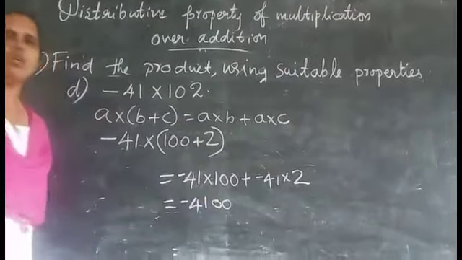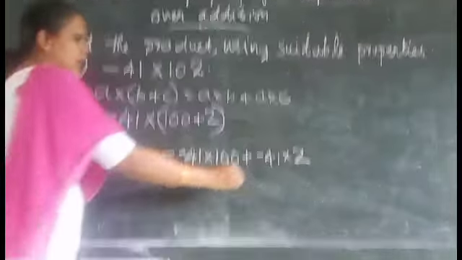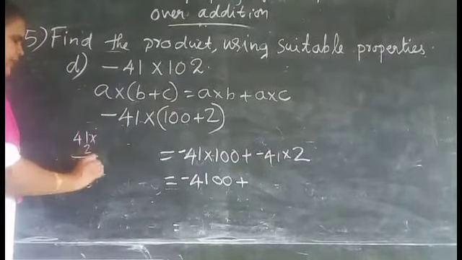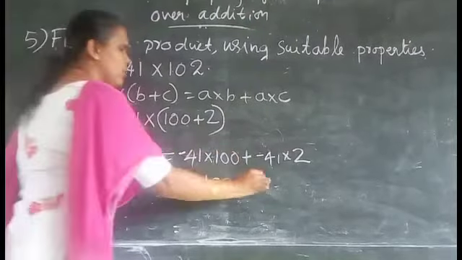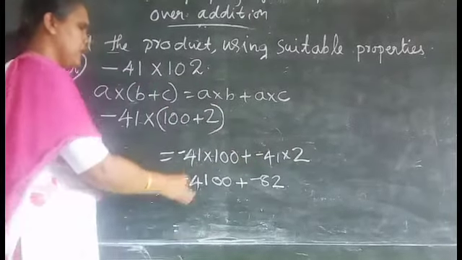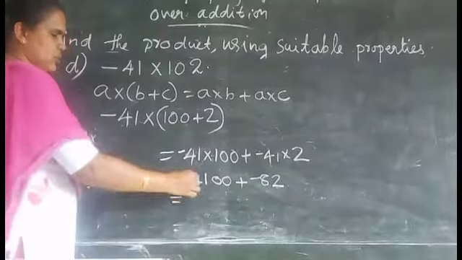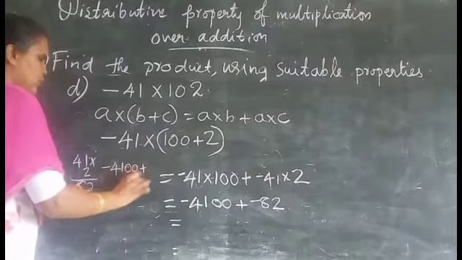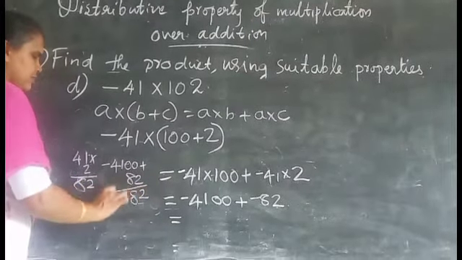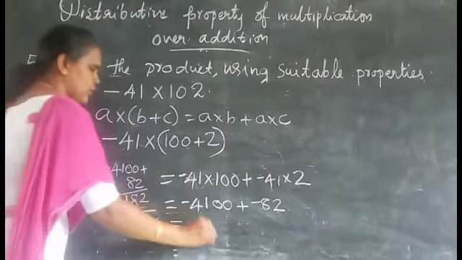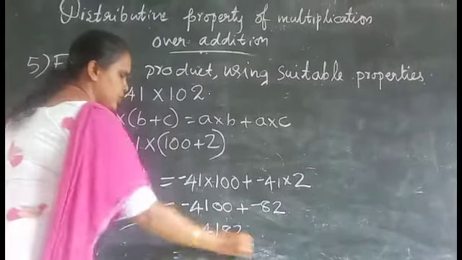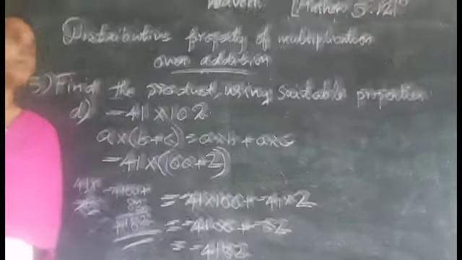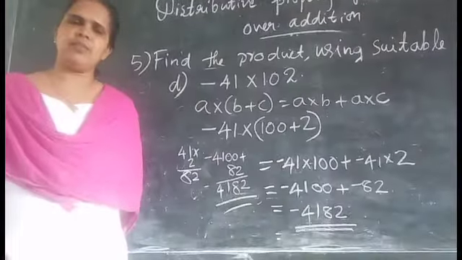Then negative 41 into 2 is negative 82. Here both the products are negative. So negative 4,100 plus negative 82. Simply we can write negative 4,182. So I think you learned the distributive property of multiplication over addition.